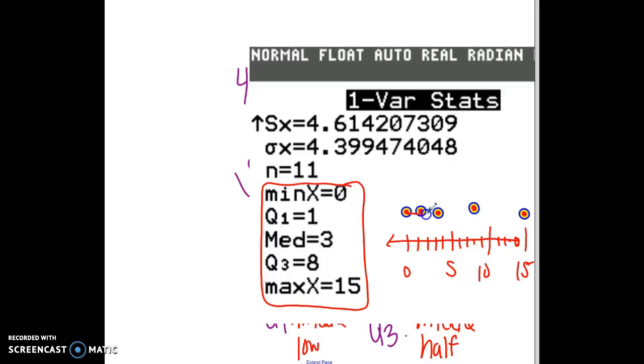I'm going to draw a line, a box, another line, and a line through the median. So that's my quick sketch of how I can come up with the 5 number summary using my calculator. I just have to create a number line, put the 5 dots above, draw my box, draw the whiskers, draw the line through the median, and there we have it.